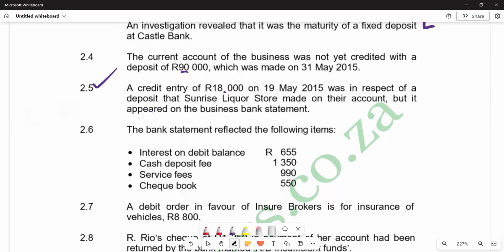So what we are saying is this is appearing on the credit side of the bank statement, so we should remove it by going to the debit side of the bank statement. So we are just saying we are going to debit deposit incorrectly credited. It was incorrectly credited, so you have to remove it. So we go to the answer section.